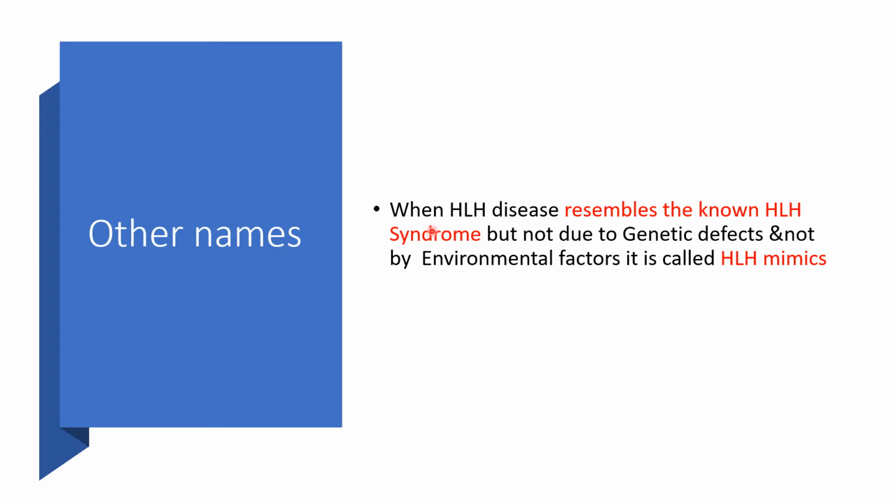Still on the nomenclature, when HLH disease resembles the known HLH syndrome, but it is not actually due to genetic defects, and it is not environmental in origin, then it has a different name. And that would be Hemophagocytic Lymphohistiocytosis mimics, or HLH mimics, or HLHM.